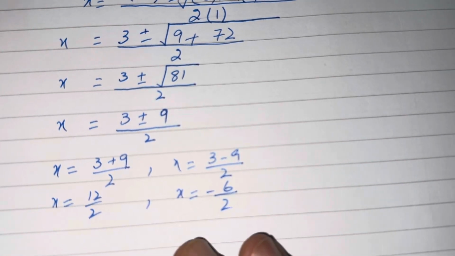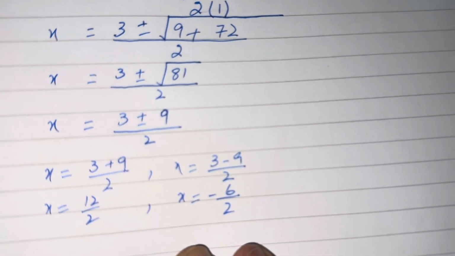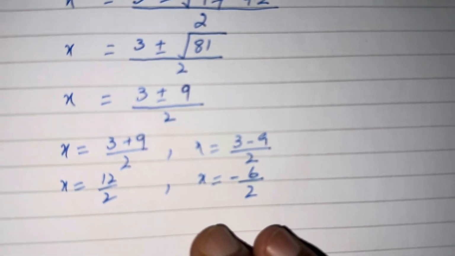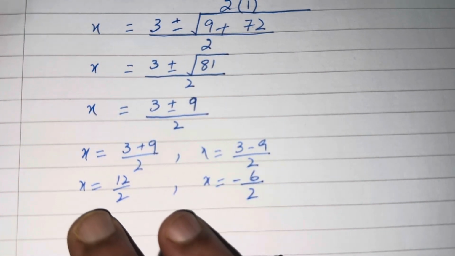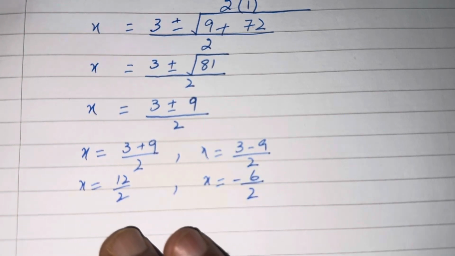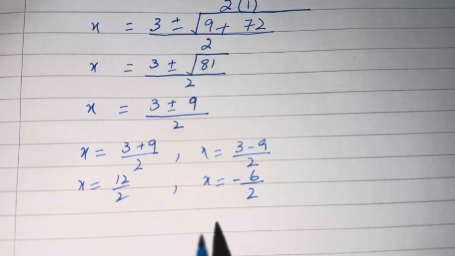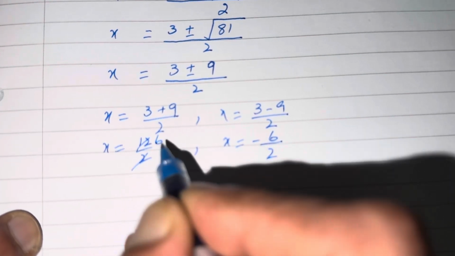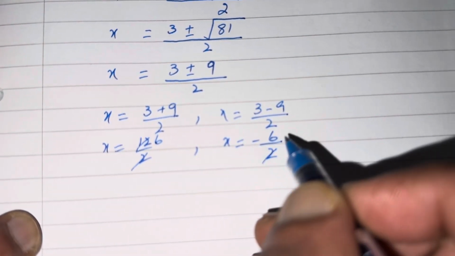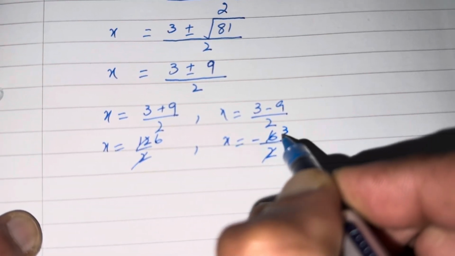Now you can divide 12 by 2. So how many times are 12? 2 sixes are 12, and 2 threes are 6.